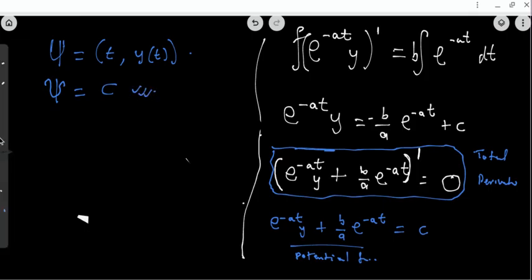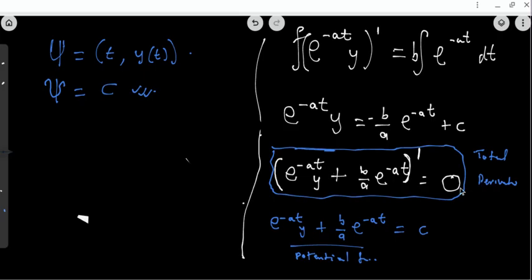So anytime you get a potential function, it is easy to integrate it. It is always easy to integrate the total derivative to get a potential function. Whenever you have a total derivative and you integrate, you bring your integral sign here, and the integral sign will cancel the derivative, so you will get this.